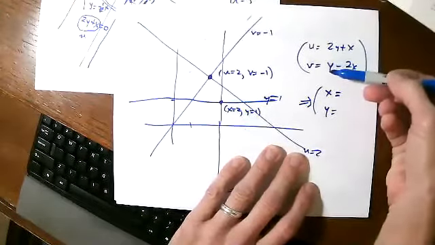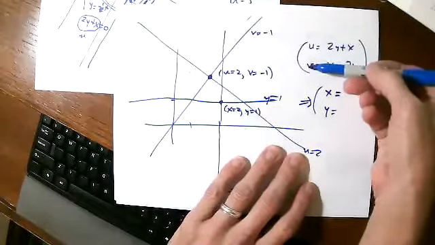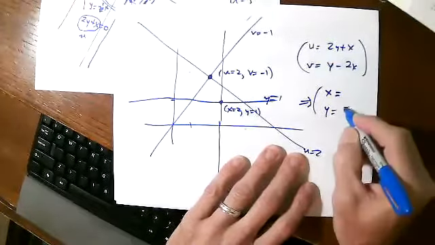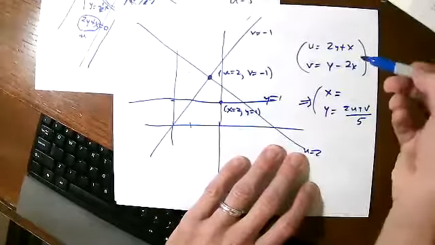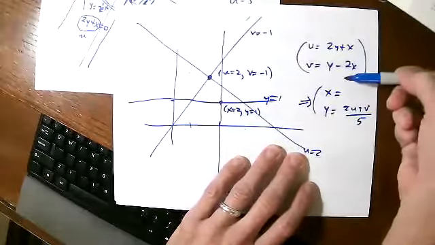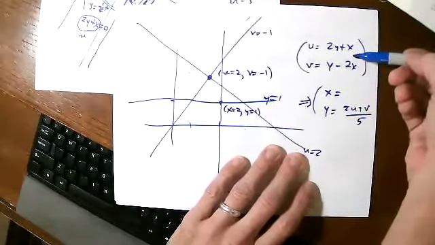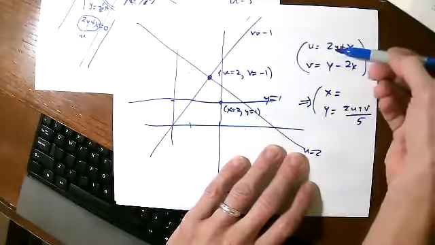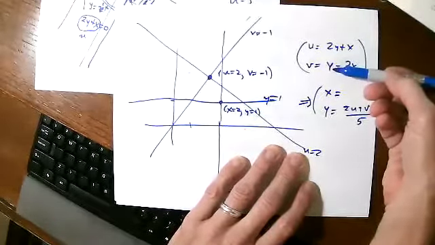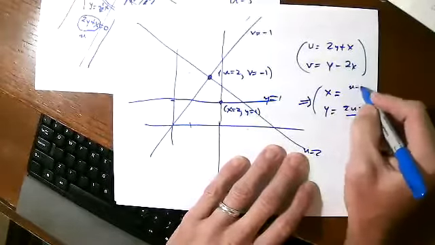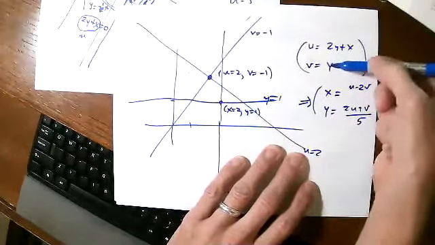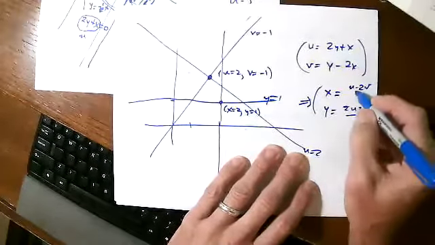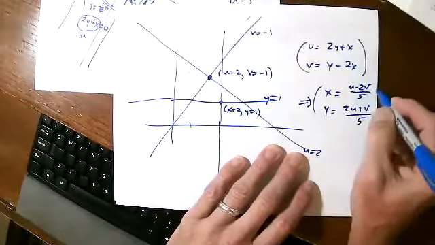I'll have a total of 5 y's, and on this side I'll get 2u plus v. So y would be 2u plus v over 5. And in the same way I can solve for x: I can eliminate the y's to get an equation that has only x's in it. Take this top equation minus 2 of the bottom. In other words, compute u minus 2v. Then you'll see that you have 5 x's left alone on this side of the equation. So x can be computed in this way.